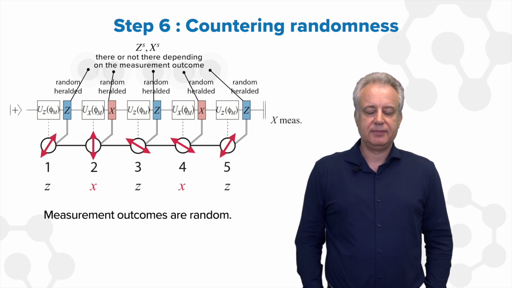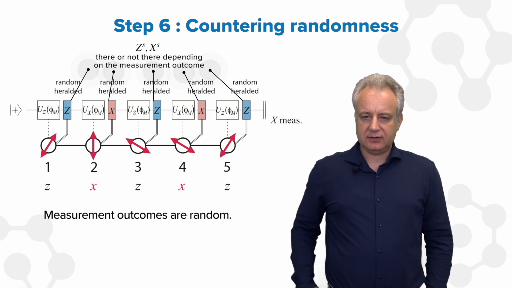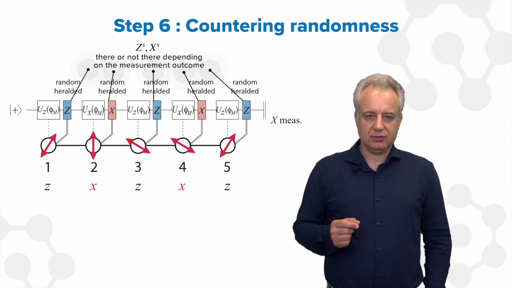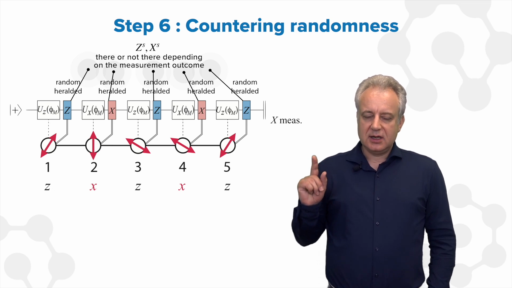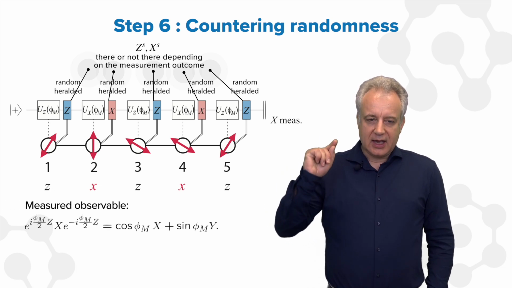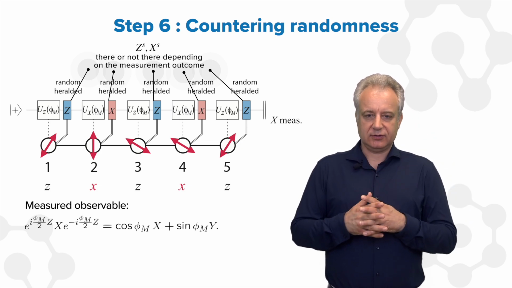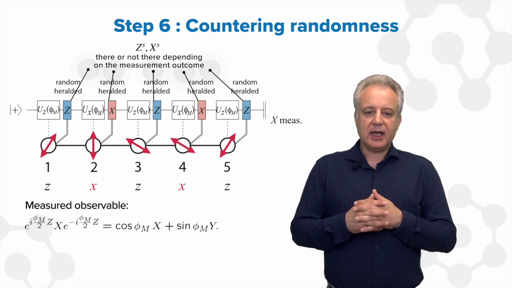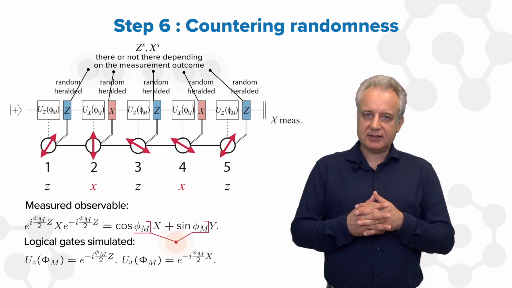Okay, I want to emphasize one more point. This is important not to forget, and it's also going back to step 2. The angle defining the measurement basis, you see this in the formula here on the screen, and the angle of the logical rotation that is being implemented are related.